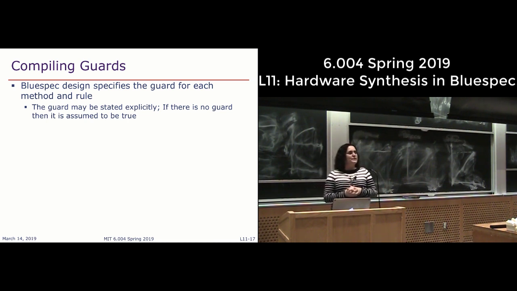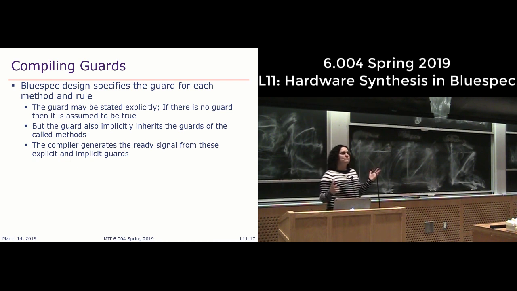Okay, so when I try to figure out what the guard of my actual method is, it's not just the guards that I have explicitly specified, but in fact I have to put together the ones that I'm inheriting with the ones that I've explicitly specified. And so the compiler is going to do that for us.